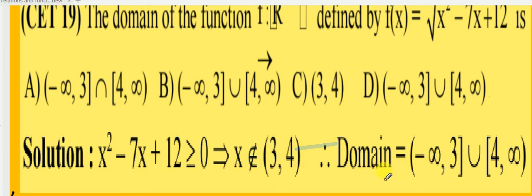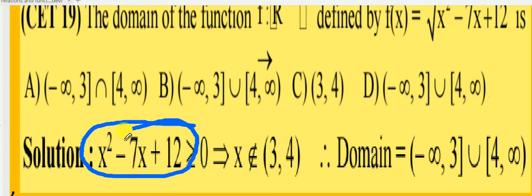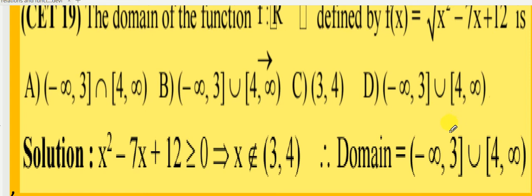So therefore the domain will be minus infinity to 3, where 3 is included because this can be 0, but it should be greater than or equal to 0. If you take a real number between 3 and 4, you can observe that this becomes negative. So I have to consider the interval minus infinity to 3 union 4 to infinity.